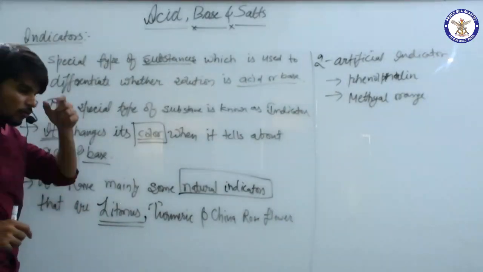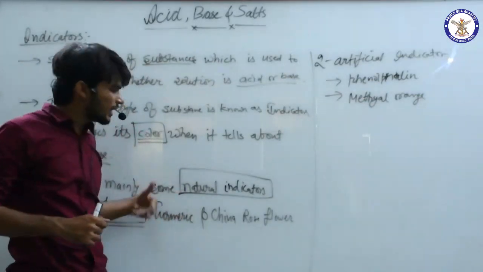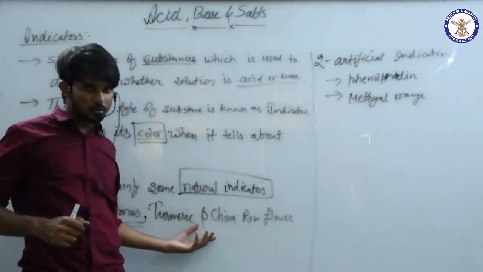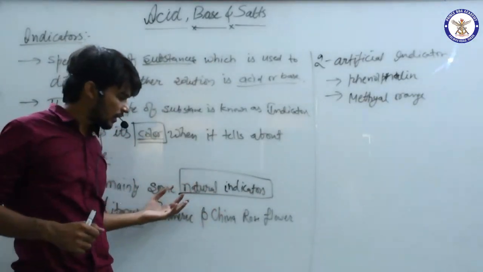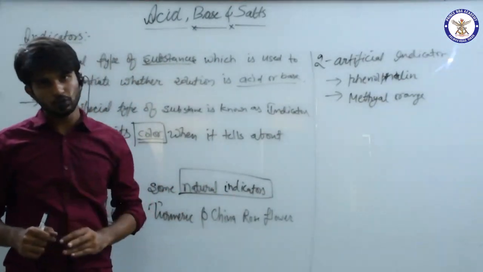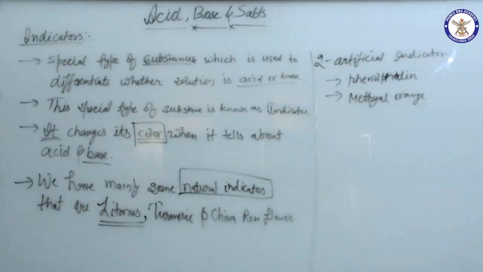Now what we need to study is how these indicators are used and what their final colors are, what color they show when we put acid or base on them. So please make a note of it. I feel that you can use these notes as your personal notes.